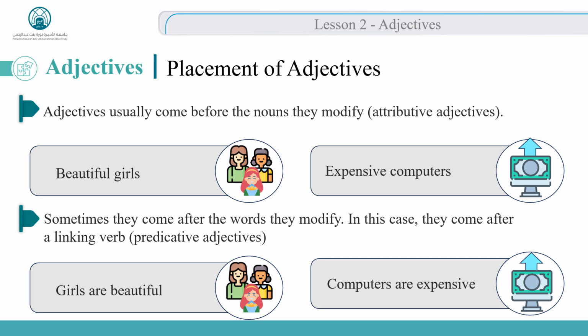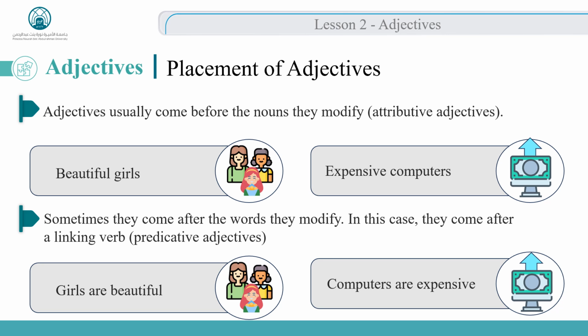And predicative adjectives come after the verb, in the second part of the sentence, because we know that the sentence has two parts, the subject part and the predicate part. And since the adjectives are adding more information about the subject, in the case of predicative adjectives, they come after the subject they modify.